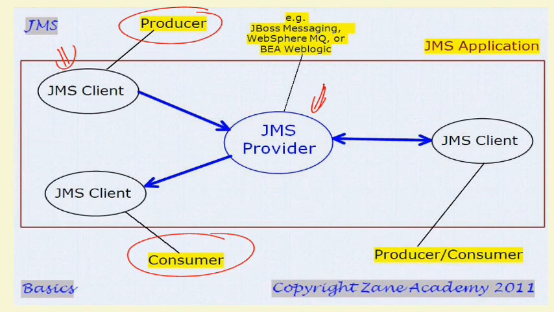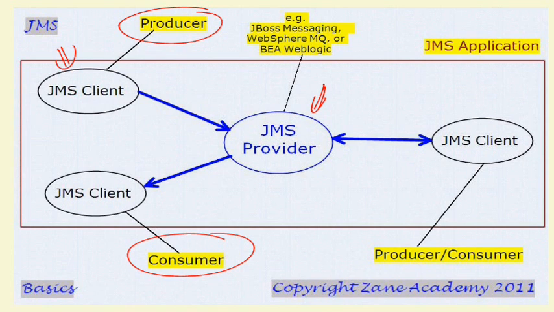A JMS provider is essentially a messaging system like JBoss Messaging, WebSphere MQ, or BEA WebLogic. Another thing to mention is that a JMS client can be both a producer and a consumer, since a Java application can send messages and also receive messages.